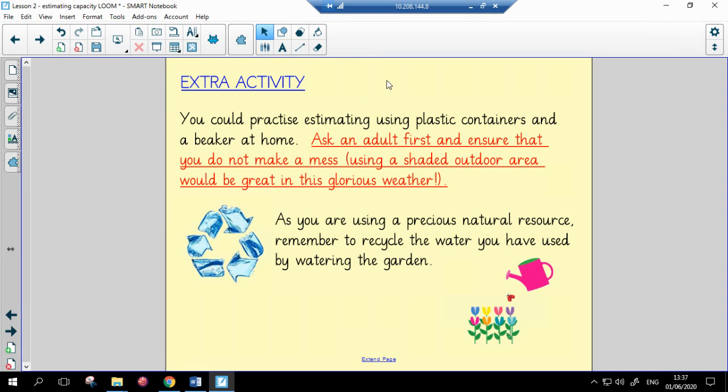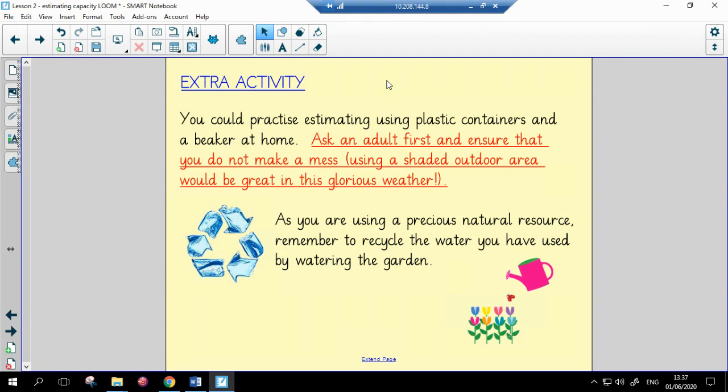Now, you could practice estimating in this way using plastic containers and a beaker or beakers at home. However, you must first ask an adult and not make a mess all over mum or dad's kitchen.